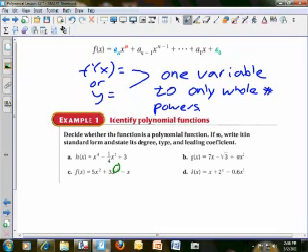All right. What about this last one? Is this a polynomial? Alex, why not? Because the a sub 0, this could be a 0 that's gone, right?